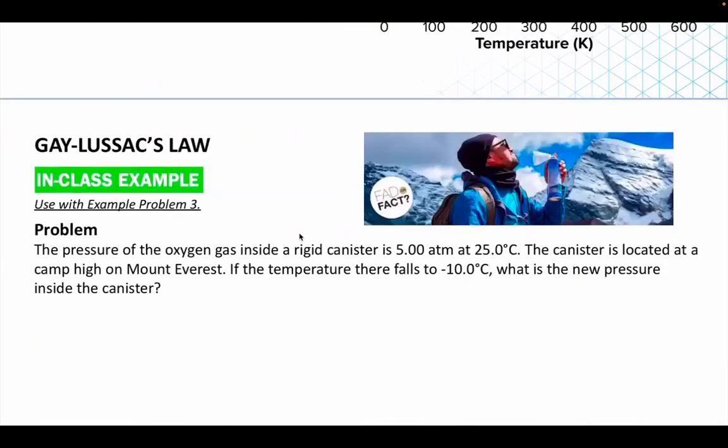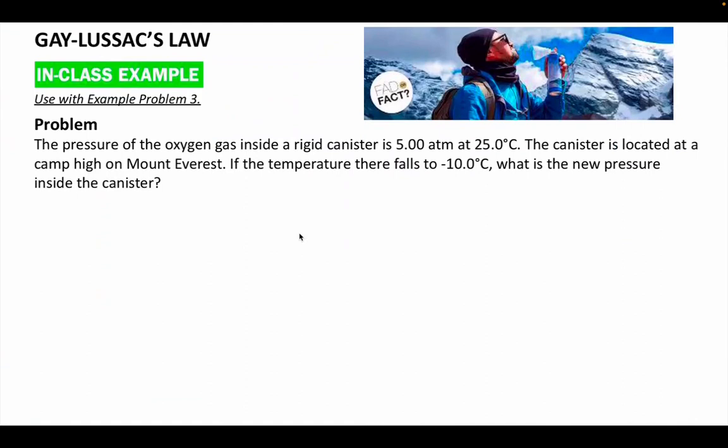So if we do a problem here, we are calculating the pressure of oxygen gas in a rigid container. The beginning pressure is 5.0 atm, and the beginning temperature is 25 Celsius.